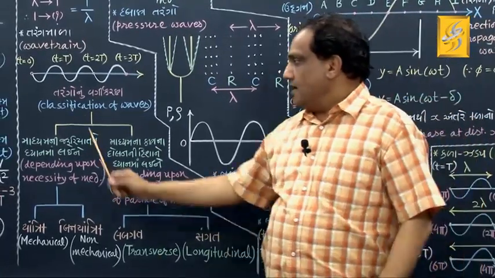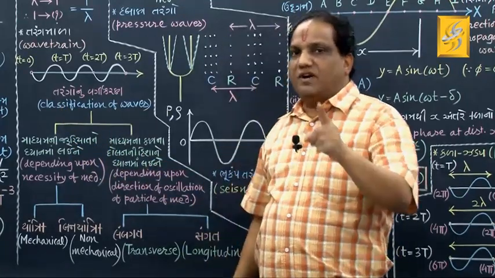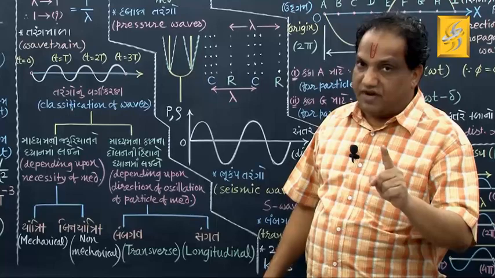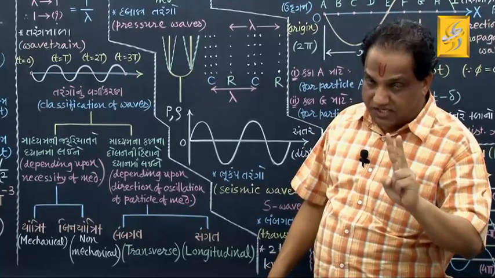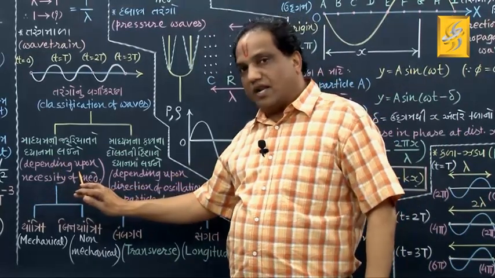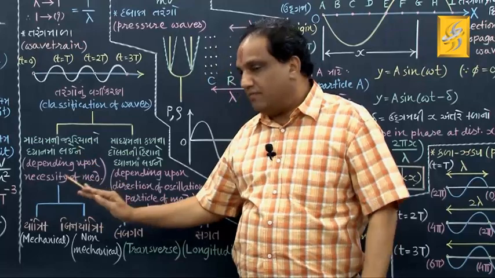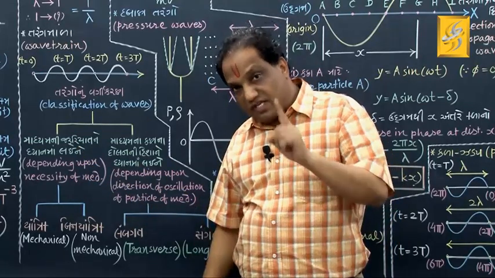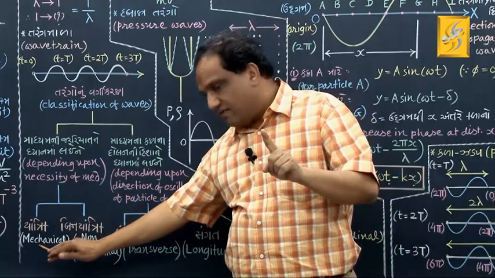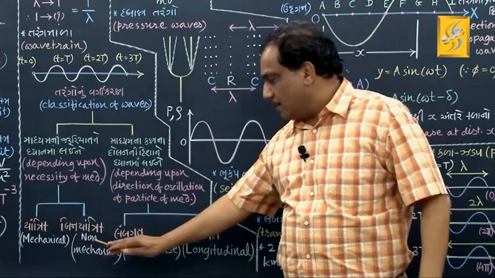Fine. Now let's go for classification of waves. Different types of waves you can classify according to two bases. The first base is regarding the requirement of medium. If a medium is required, then such waves are called mechanical waves, and if a medium is not required, such waves are called non-mechanical waves.